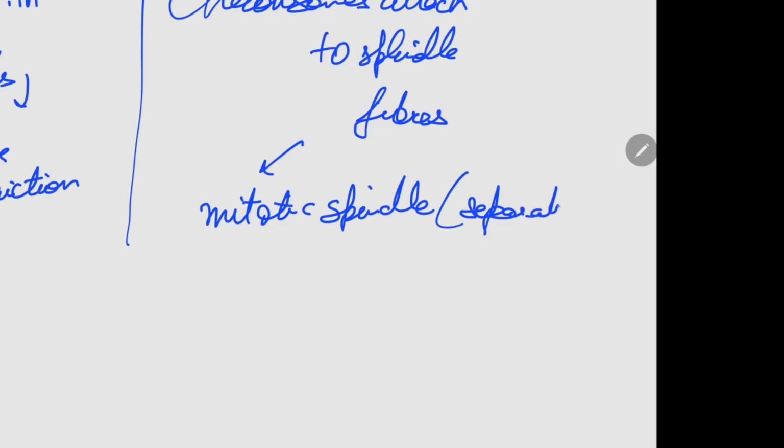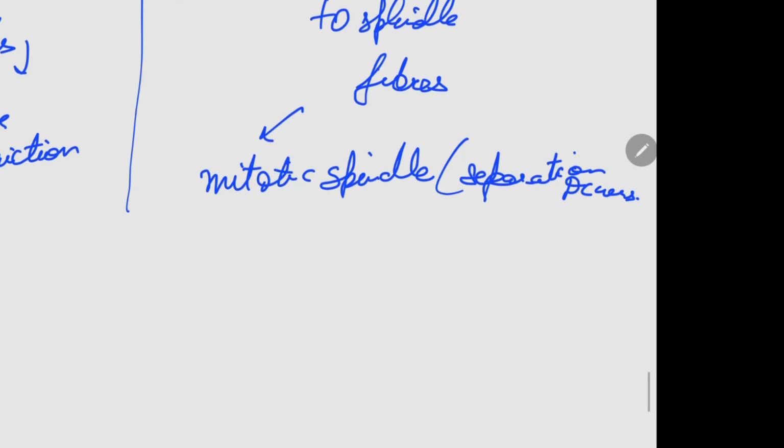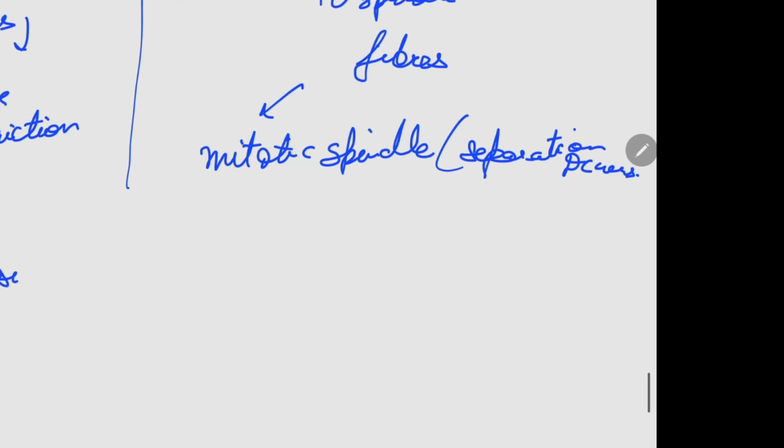Separation occurs. The similarity is the result of two identical cells.